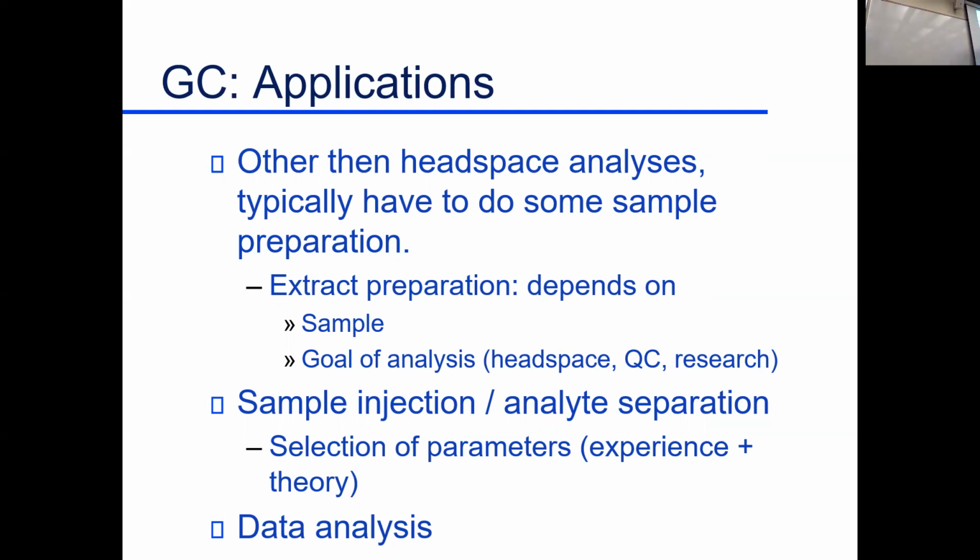But if it isn't a simple headspace, there are times when we make a direct injection too. I may be looking at orange oil. Beautiful flavoring material. There's 100, 200 components, and I can just take a tiny bit of that to inject into the gas chromatograph. But most of the time, you're going through some kind of sample preparation. And you did that for the fatty acids, even when you had pure fat.